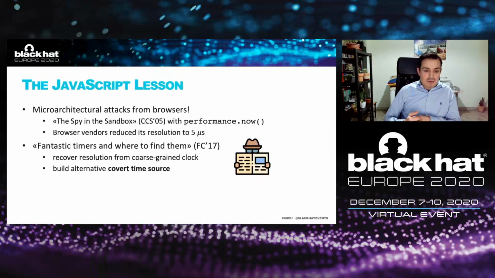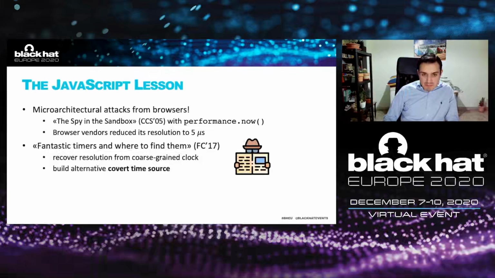So to shut the door to those attacks, vendors said, okay, let's just make this clock much worse. We reduce the resolution. But researchers came up with two countermeasures. One was recovering resolution even from a crippled clock, and the other, which I will be using in this work, is to build your own time source.